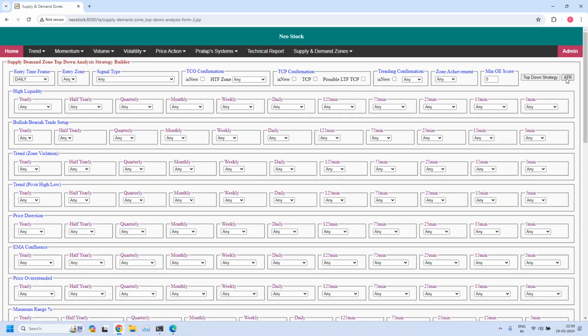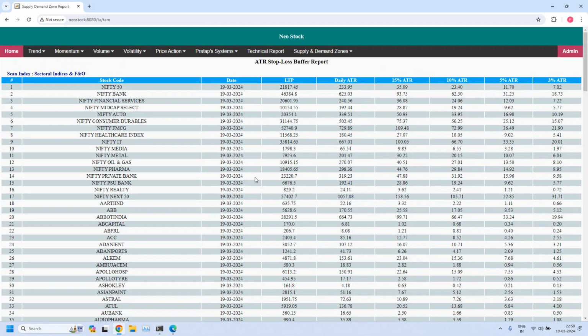So I am generating the stop buffers with the help of ATR. So this is the complete list. In this list, 5% ATR you have to use for 15 minutes entry, 3% ATR you have to use for 5 minutes entry. Let me scroll down the list.